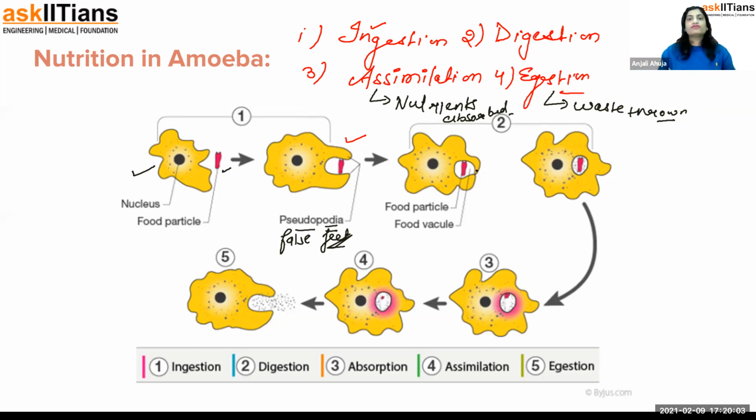Now they form a food vacuole. Guys, in the 9th class, when you were learning the cell chapter, you learned vacuole as a cell part. There are different types of vacuole. One of them is the food vacuole, which is a temporary vacuole.